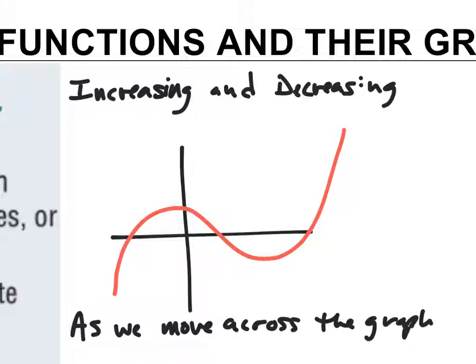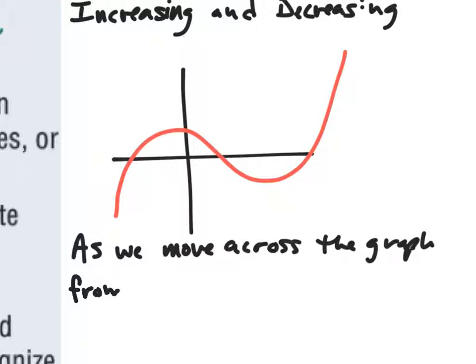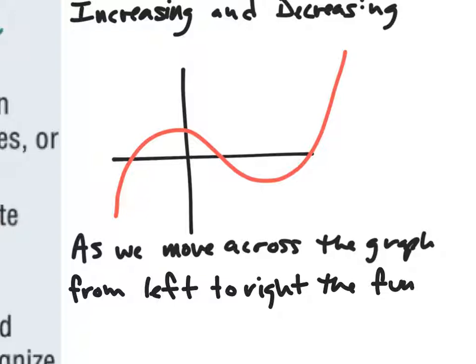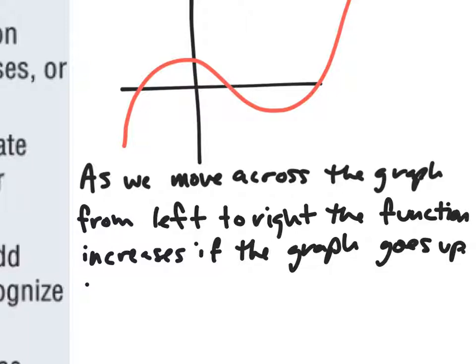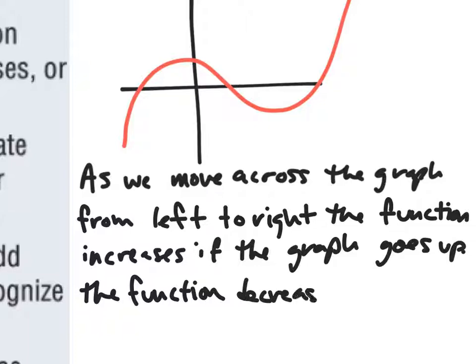As we move across the graph from left to right, all right, so from left to right, the function increases if the graph goes up, okay, and the function decreases if the graph goes down.